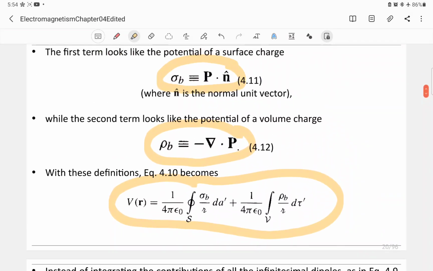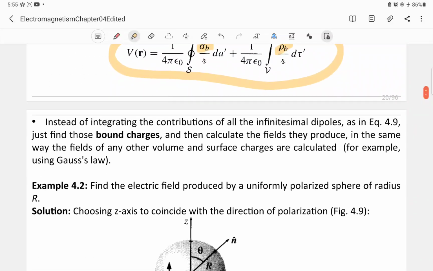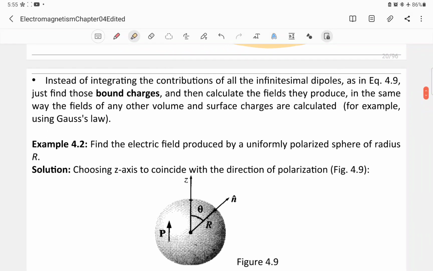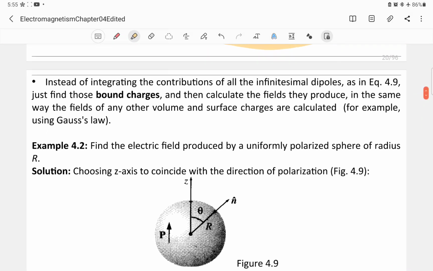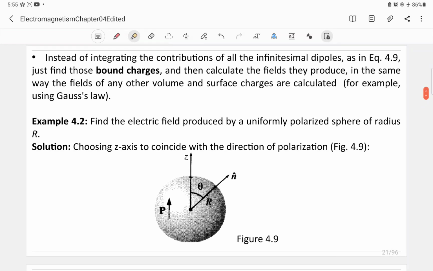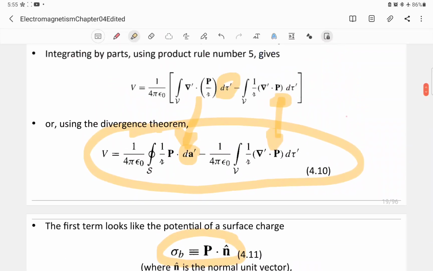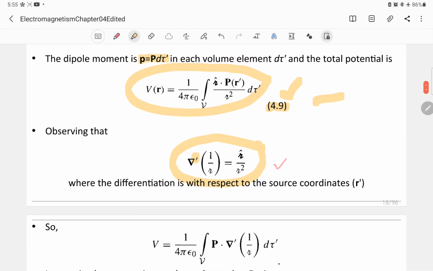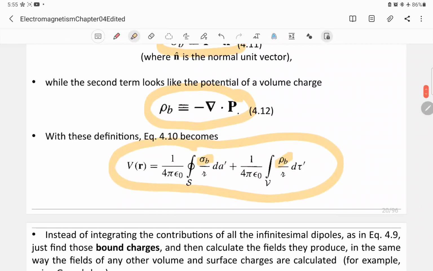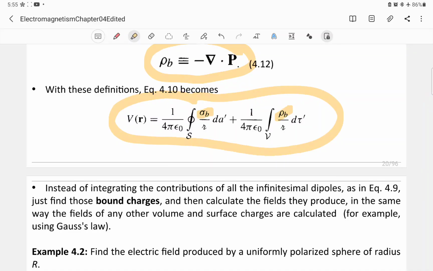So we replaced the polarization with the normal vector, with the bound charge distribution, and then you have rho, the bound volume charge distribution, which is just negative del of P. So instead of integrating the contributions of all the infinitesimal dipoles as in 4.9, you can find the bound charge and then calculate the integral.